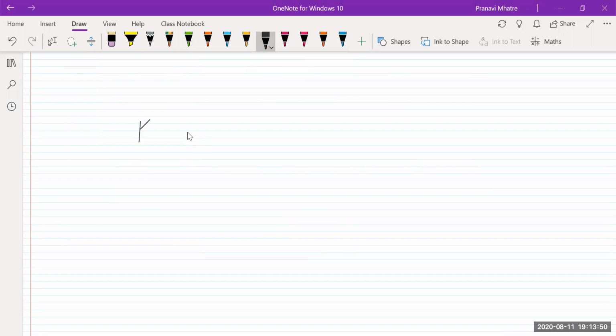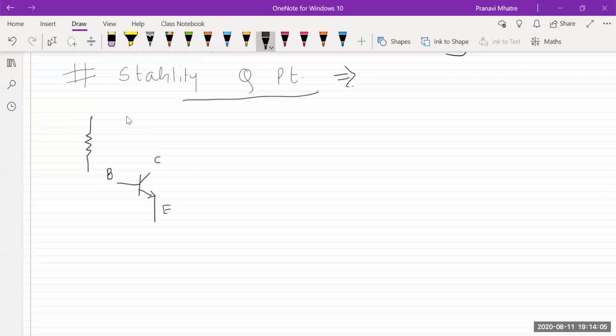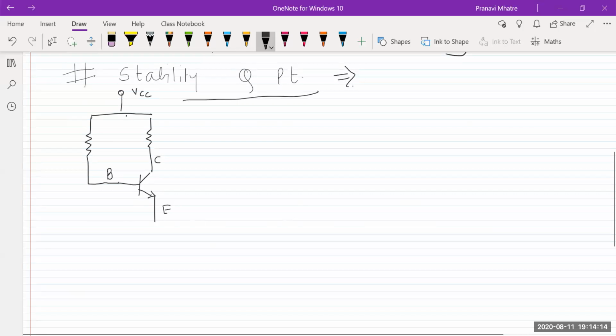First of all, my transistor has three terminals: base, collector and emitter. When I say it is a fixed bias circuit, I am connecting fixed bias like this: VCC, RC, RB, and my emitter terminal is connected to ground.